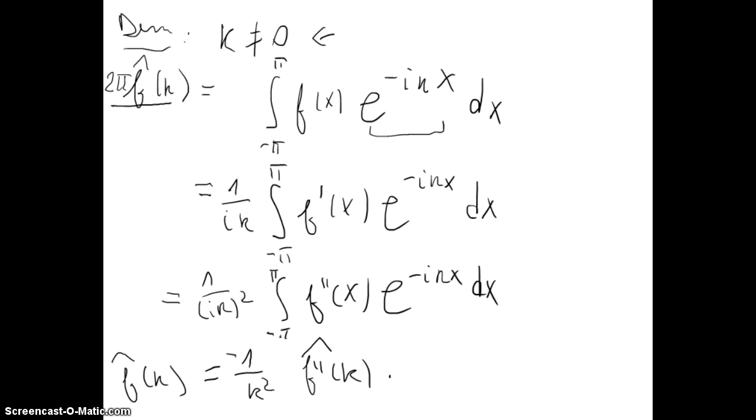The 2 pi is going to cancel with the 2 pi that is here, and so we have this equality. So we obtain a representation of the Fourier coefficient that has 1 over k squared, so that if k goes to infinity, this goes to 0 with speed 1 over k squared.